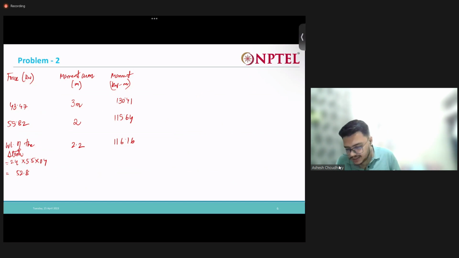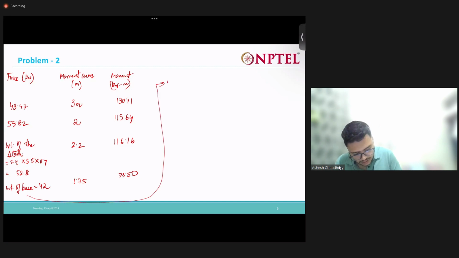So weight of, similarly the weight of base, is 42. This will be 1.75. This will be 73.5. So I will just continue here.